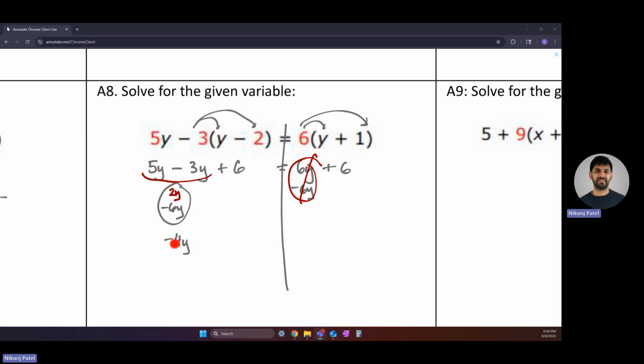So I have negative 4y, I have this plus 6, and I have another plus 6 over here. Well, we want this to invert as well because I don't want this plus 6 to be here. I want it to go there. Right, so we can cancel that. So we have negative 4y, this inverted, and we subtracted 6 on both sides.